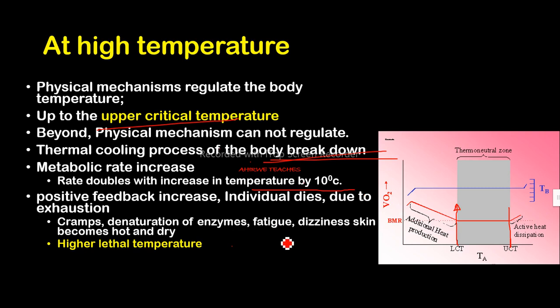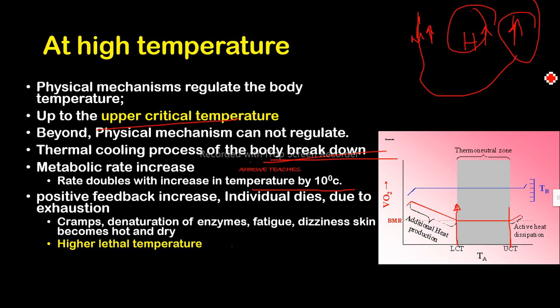Now, look at this. It's a positive feedback. Metabolism increases, okay? Heat produced increases, and so body temperature increases. And so metabolism also increases, and much heat is generated, the temperature increases furthermore, and so metabolism increases.